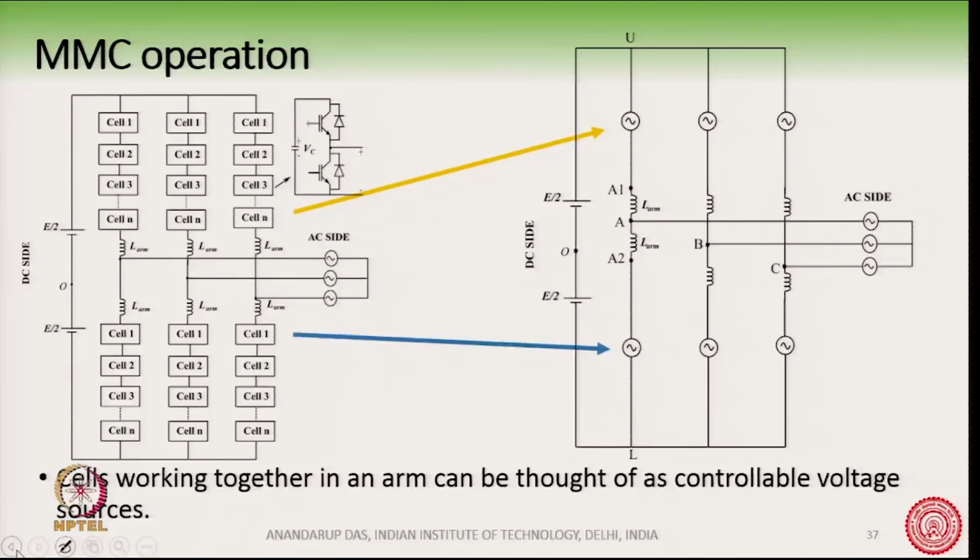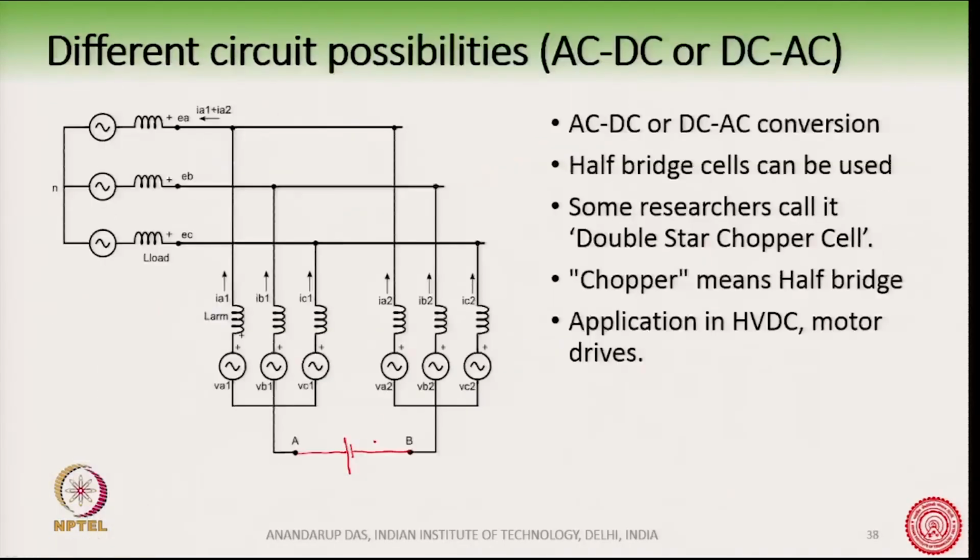This is the same circuit, the DC to AC converter. You have a DC. So, if you want to create the HVDC, then between the points A and B are the positive and negative terminals of the HVDC line. So, half bridge cells can be used in this controllable voltage source.